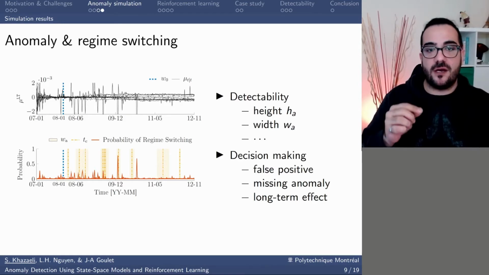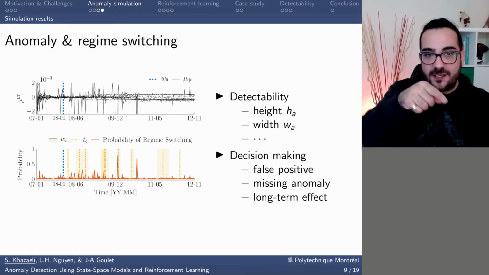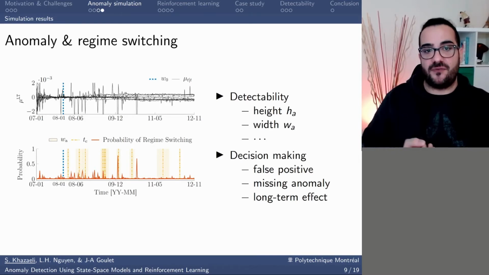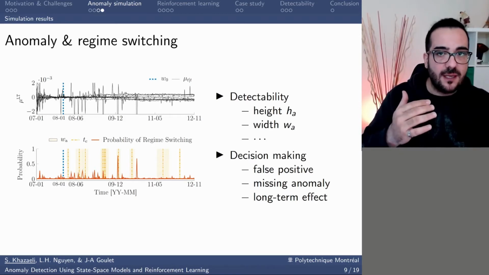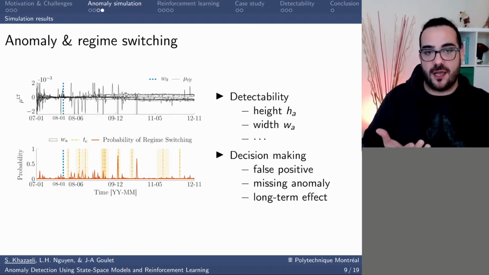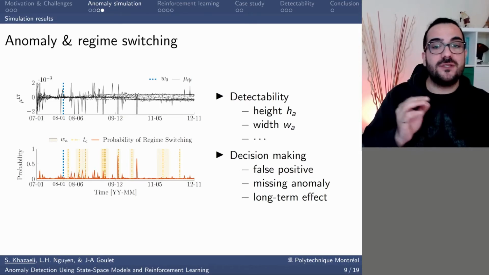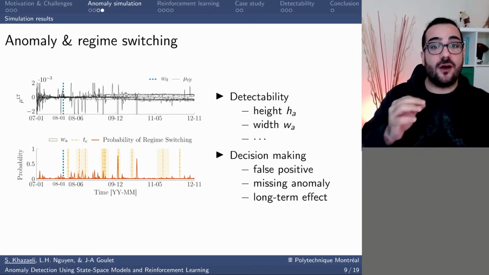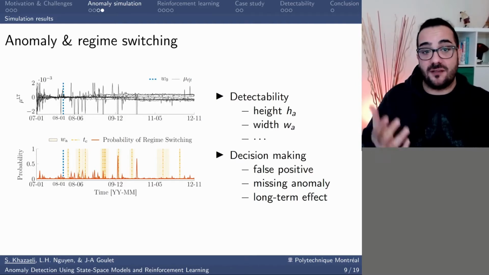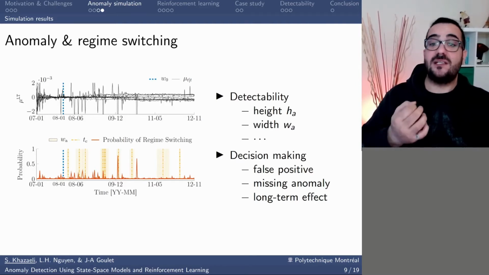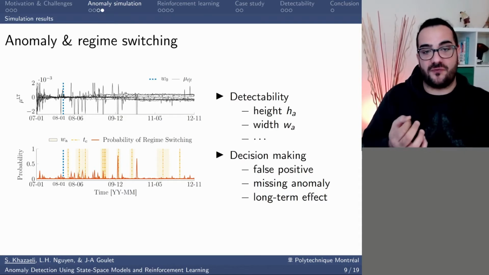The yellow areas are the anomaly width, and the vertical dashed lines are the center of the anomalies. As you can see, BDLM sometimes identifies the anomalies with high probability, and sometimes the probabilities are not high. Therefore, only using BDLM for decision making regarding the presence of the anomaly can result in many false or missed alarms. In addition, we still don't know about the long-term effect of the decision.